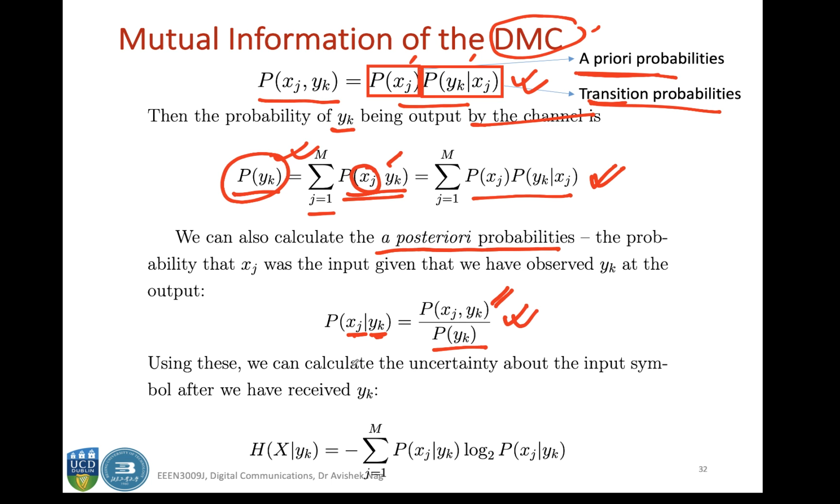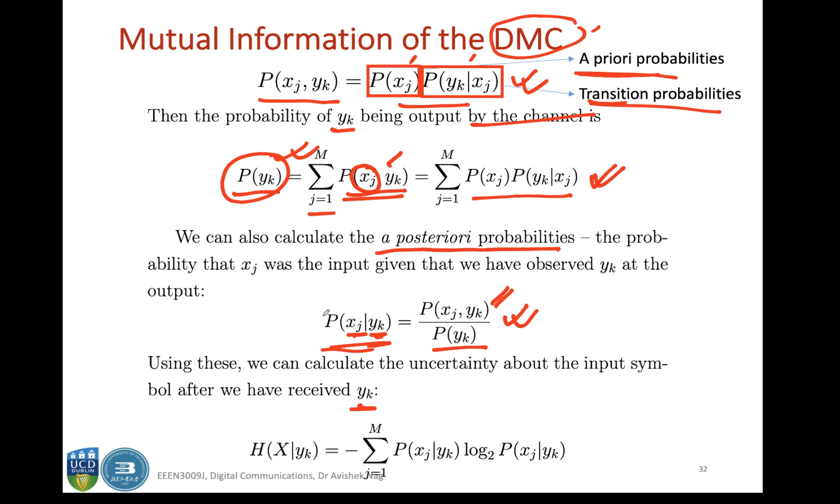Therefore, using the concepts of information theory that you have learned so far, we can calculate the uncertainty about the input symbol after we have received yk. So we are observing yk at the output, and we can calculate the probability that xj was at the input given that we observed yk.